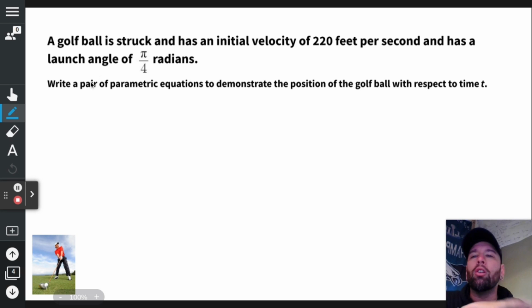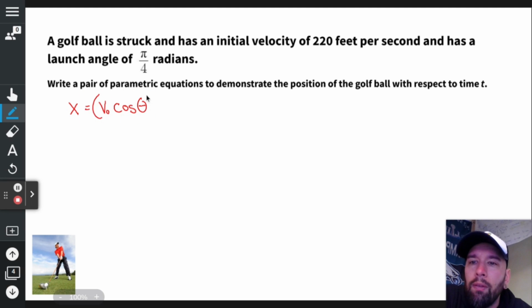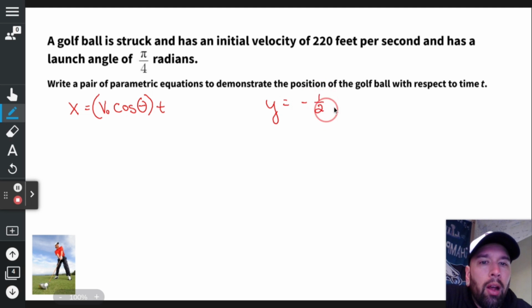So the general equation, if you're dealing with feet, the x equation is going to be your initial velocity times cosine of the launch angle, all of that, whatever number that is, multiplied to t. The y equation is going to be negative 1/2 g, which is the gravity constant, which is going to change depending on whether or not you have meters or feet.